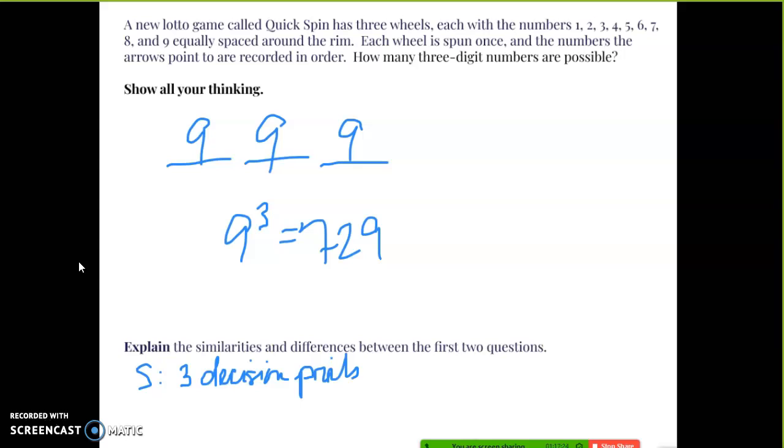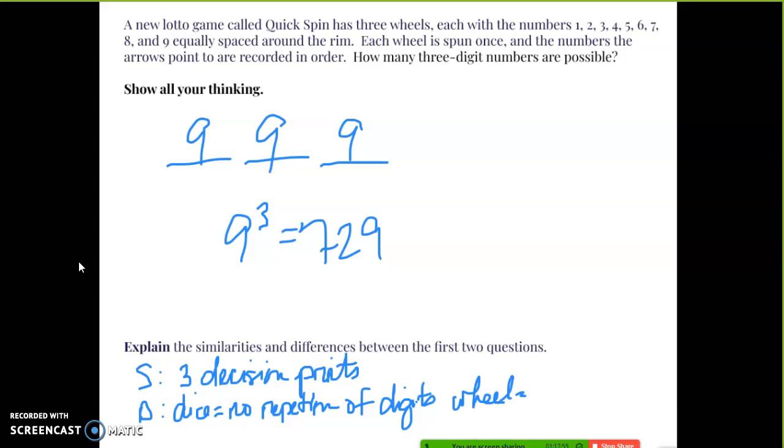The differences: repetition is not possible with the discs, but it is possible with the wheel. So, discs: no repetition of digits. Wheel: repetition of digits.